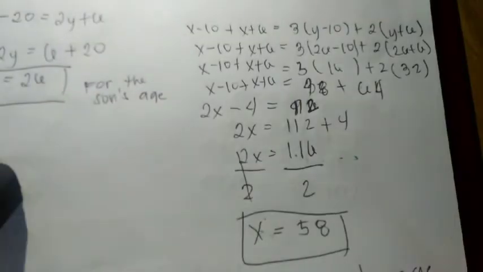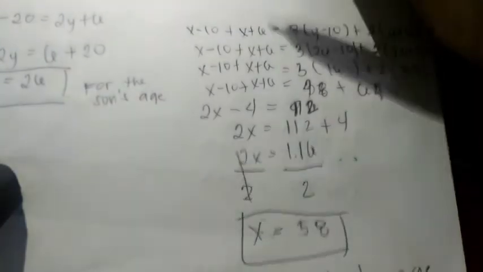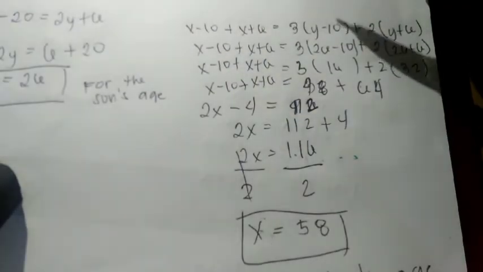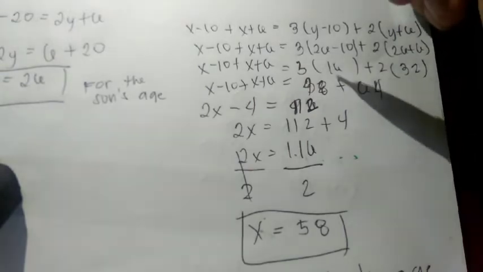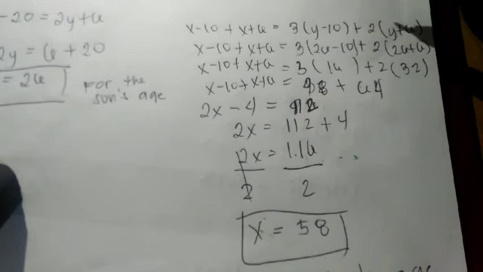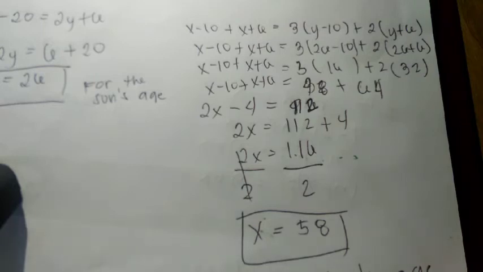So let's combine the past and the future. So we have here x minus 10 plus x plus 6 equals 3 quantity of y minus 10 plus 2 quantity of y plus 6. Let's change the y into 26.